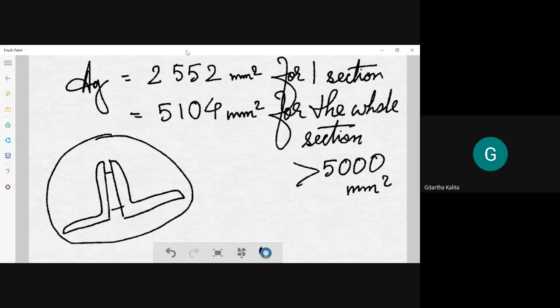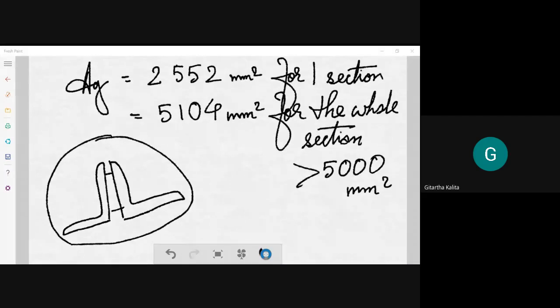Okay, page number 34. In my steel table, it is page number 34 actually. I follow the steel table by Ramamrutham. I have been following it since my college days, but if your steel table is different, then maybe you will find this table at a different page.